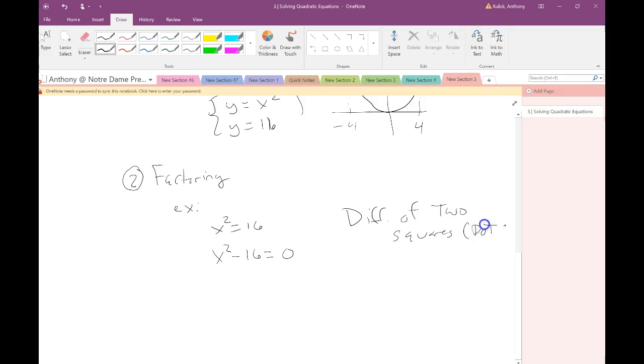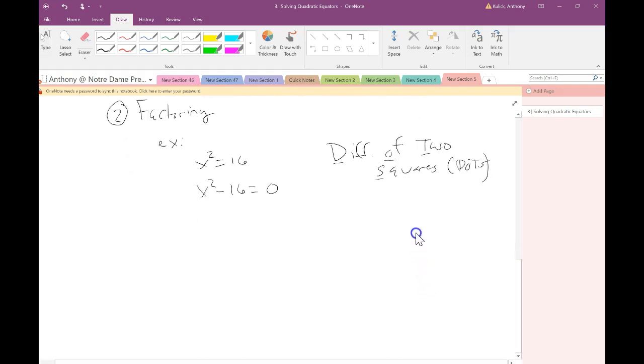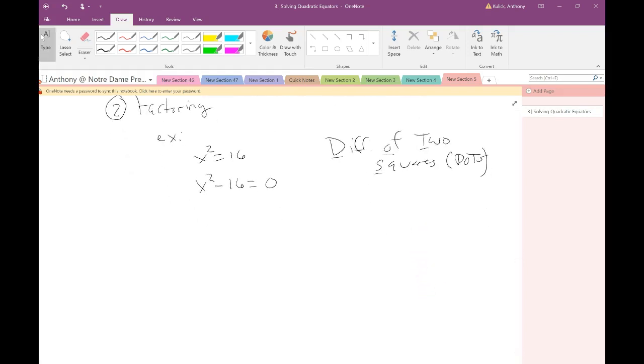I abbreviate this d.o.t.s. when I say it for difference of two squares. The difference of two squares factoring pattern says that if you have something squared minus something squared, that's really the same thing as the square root of each added together times the square root of each subtracted together.